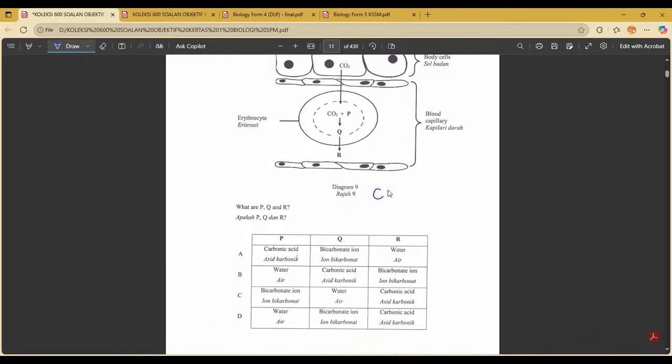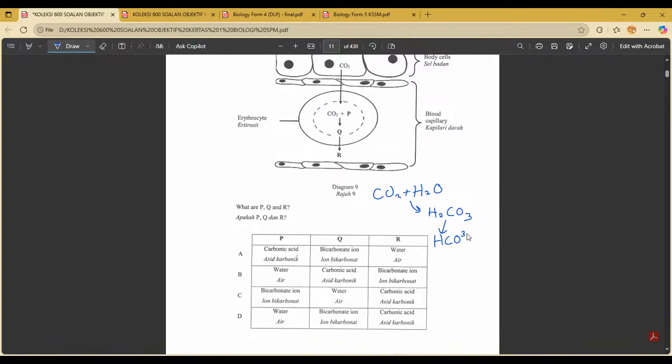This is the reaction between CO2 plus H2O. It creates H2CO3, which creates, what's the formula for bicarbonate?